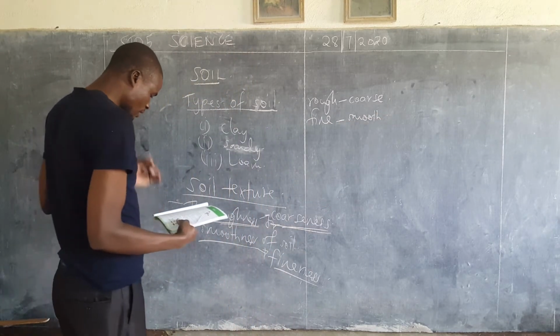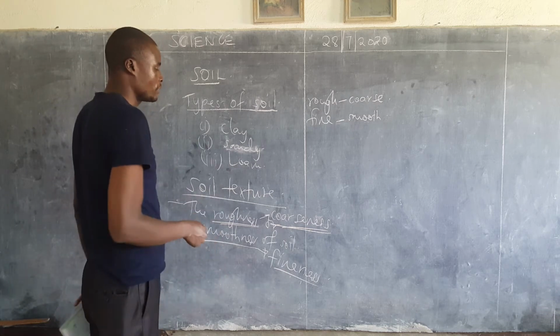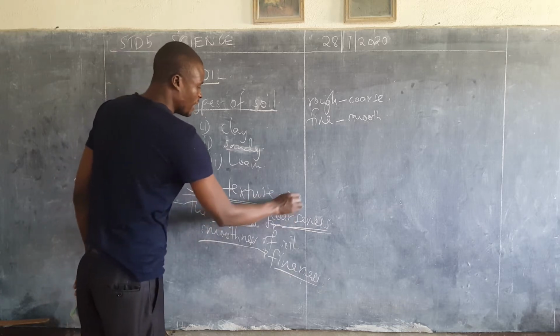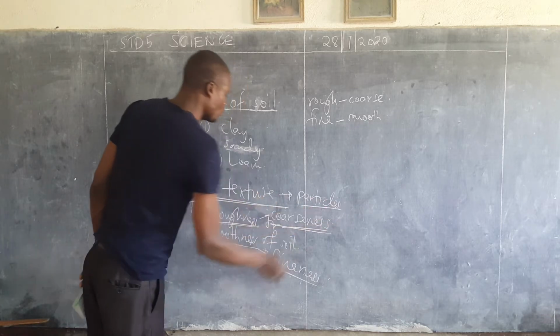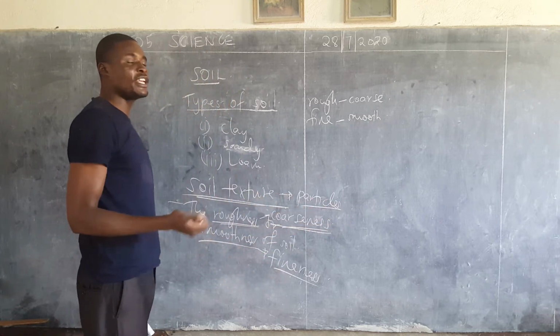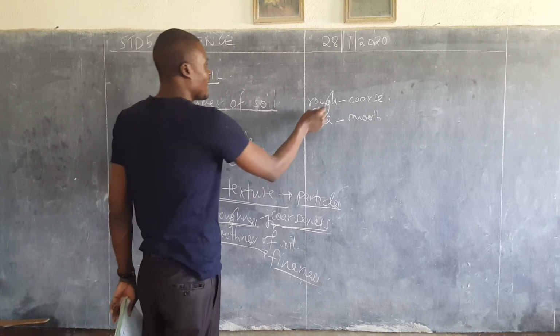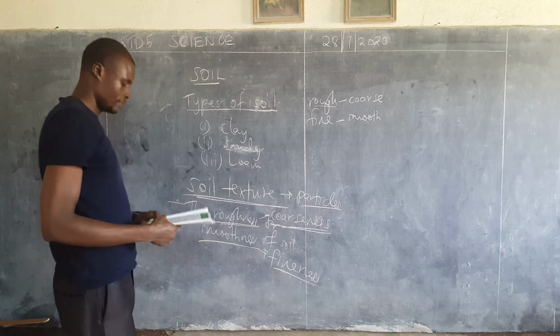And then we need to know that soil texture depends on the size of the soil particles. When we talk of soil texture we now talk of the size of the particles. If you ask which texture sandy soil has, for example, we talk of the size of the particle, and that's when we say it has a rough texture, or it has a coarse texture.